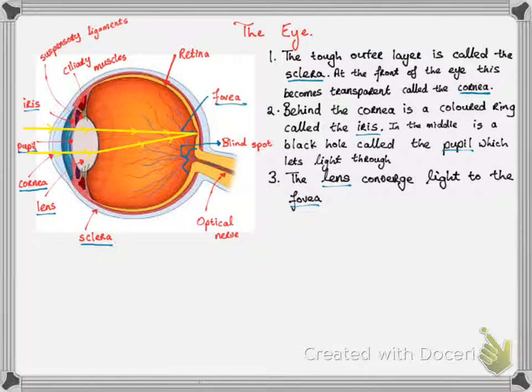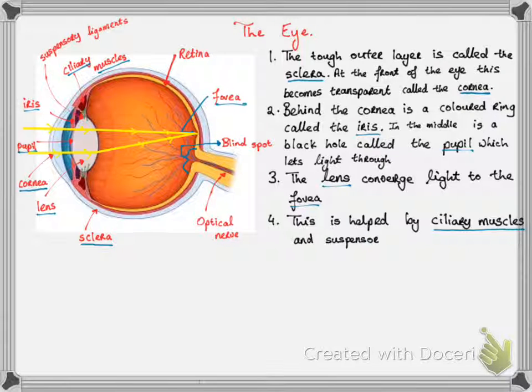So here I've drawn light rays coming in, they get bent by the lens to a particular point, which is the fovea. The reason for this is that it is helped by ciliary and suspensory ligaments, but the reason why you want to converge to the fovea is this is the optimum place for image formation.